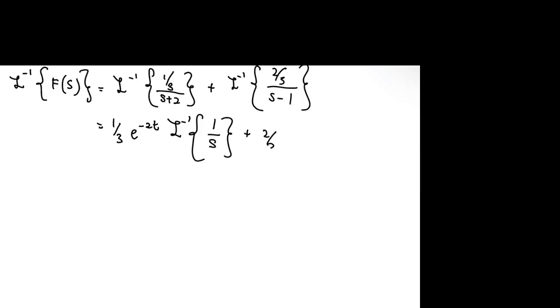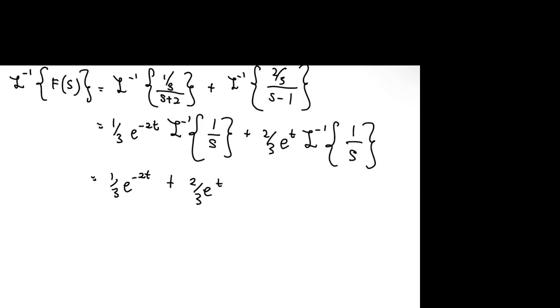Next, we have 2 over 3 exponent t. So we have the inverse of 1 over s. So 1 over 3 exponent minus 2t, the inverse of 1 over s is 1, plus 2 over 3 exponent t, the inverse of 1 over s is 1. So this is our answer.